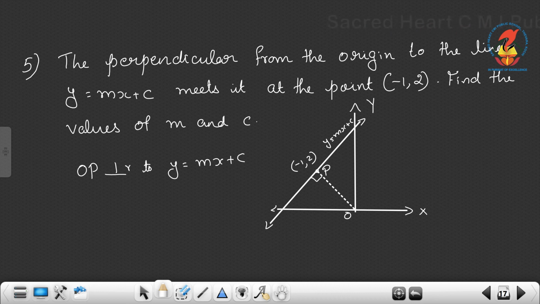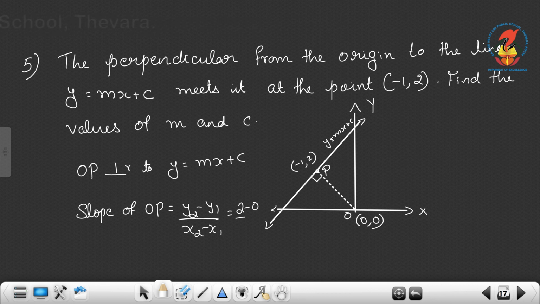So the line and OP are perpendicular, so the product of their slopes is equal to minus 1. What is the slope of OP? O means origin, 0, 0. So y2 minus y1 by x2 minus x1, that is 2 minus 0 by minus 1 minus 0, that is minus 2. That is the slope of OP.